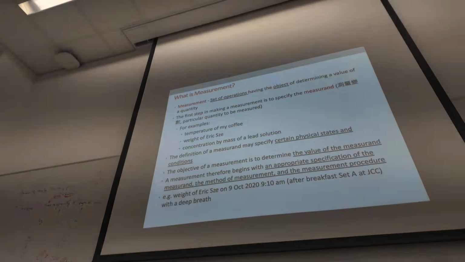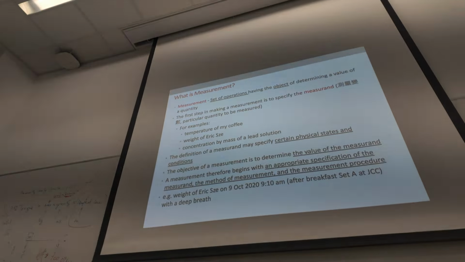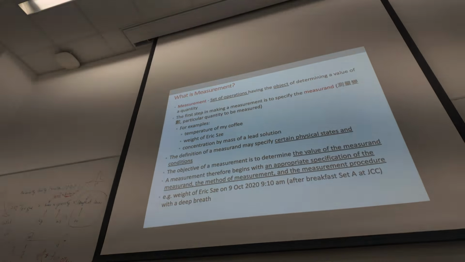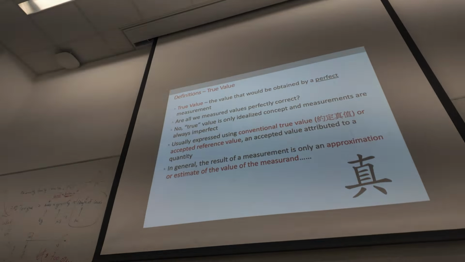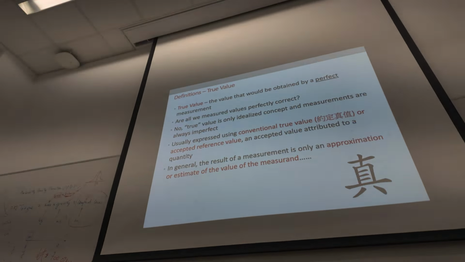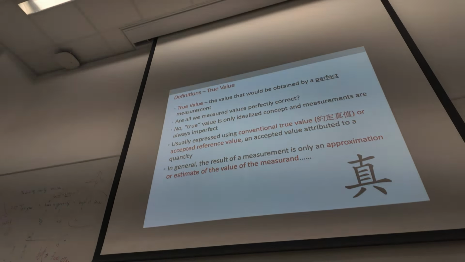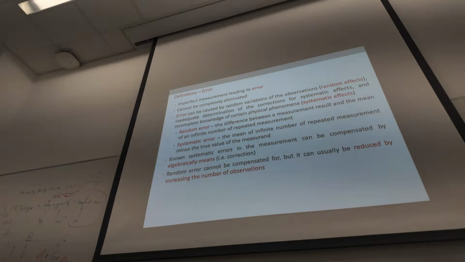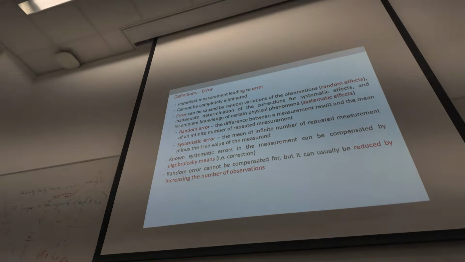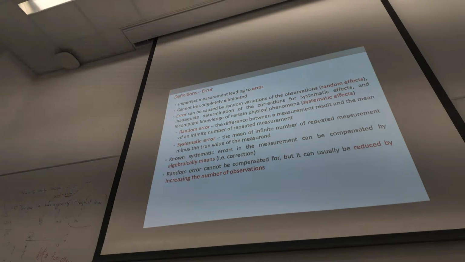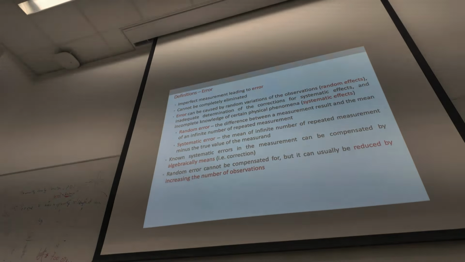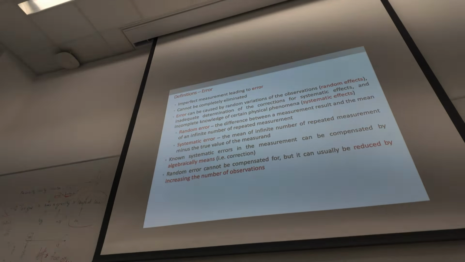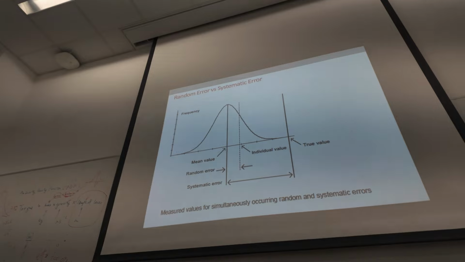So, for example, this one, you might need to know the measurement. Okay, the definition of measurement, and true value. Okay, the definition of true value, and you know the random error and systematic error, how to compensate or how to minimize the errors.